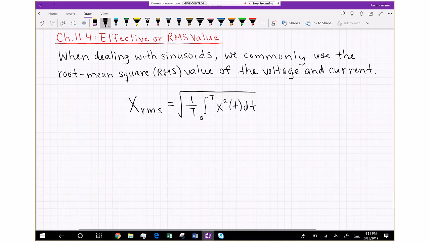If you have some voltage or current signal, you take 1 over the period and multiply it by the integral from 0 to the period T of that signal squared with respect to t, and then you take the square root. That's why it's the root mean square. Root because you have a square root, mean because you have that 1 over T times the integral from 0 to T, like we saw for average power, and squared because we're squaring the signal.